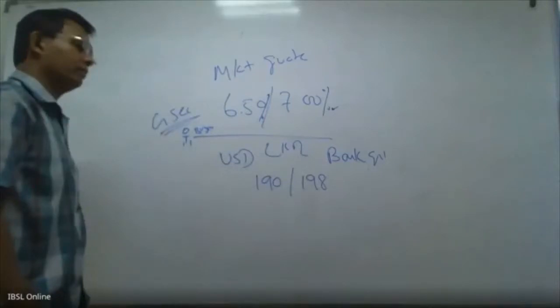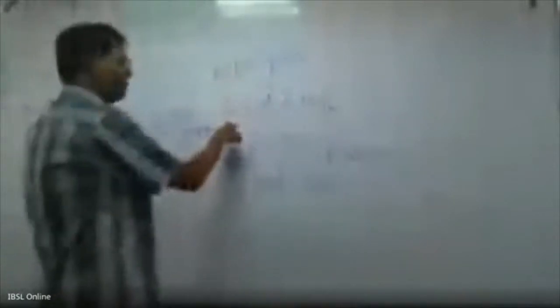Think about the person who is willing to sell this particular instrument. Somebody has to sell it for me to buy. That's correct. Think from the seller side. He will be quoting this. He will be willing to sell this particular instrument at 6.5 or 7%.